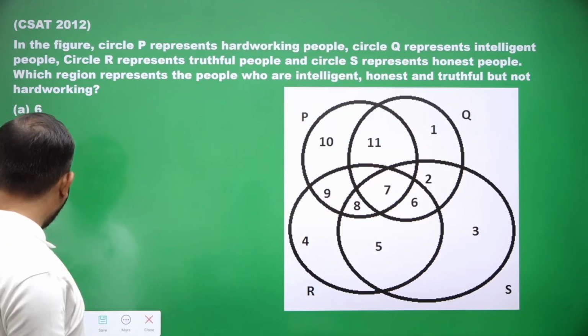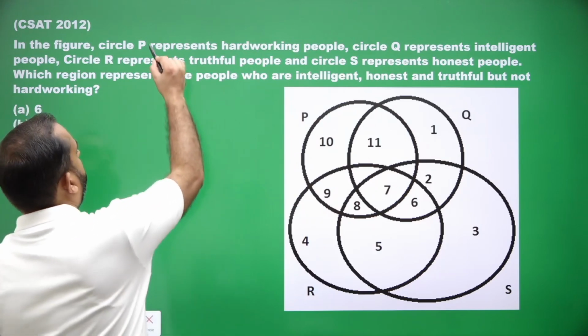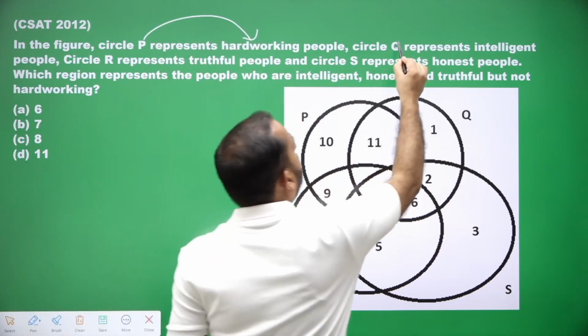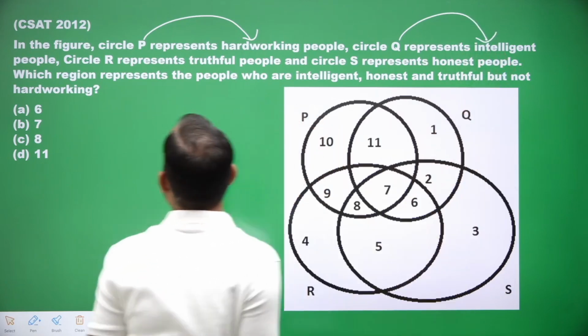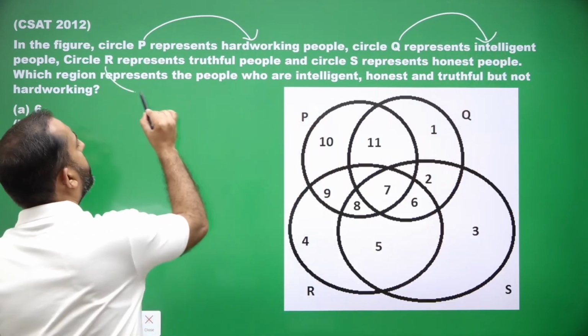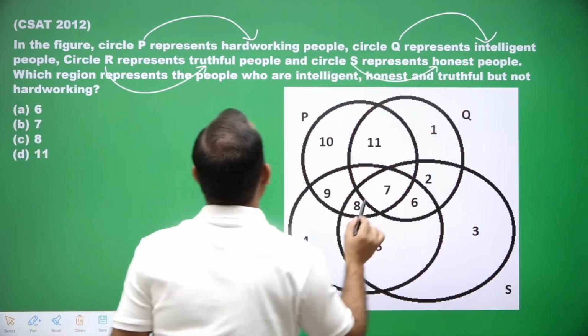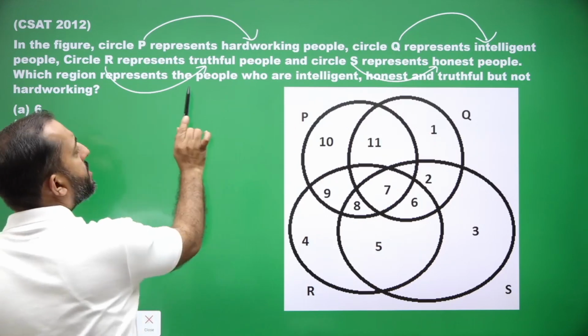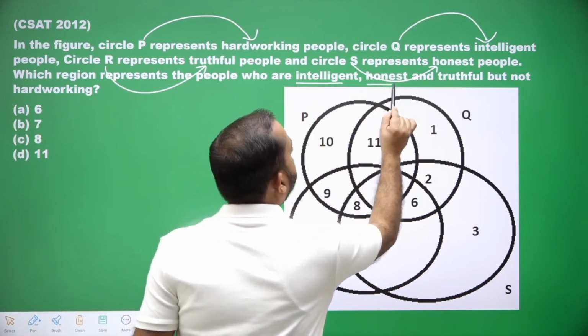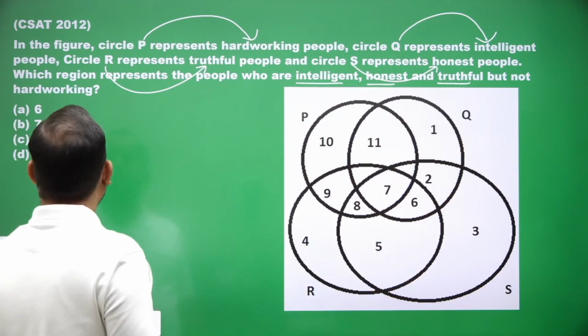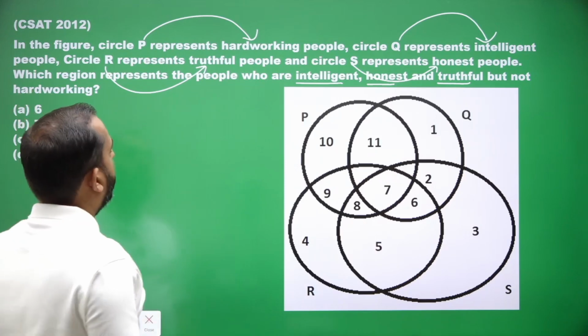Now we already know that circle P represents the count of hardworking people, Q represents the count of intelligent people, R represents truthful people, S represents honest people. So which region represents people who are intelligent, honest, truthful, but not hardworking?